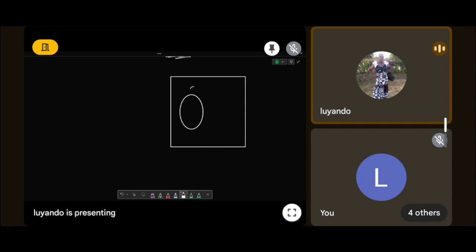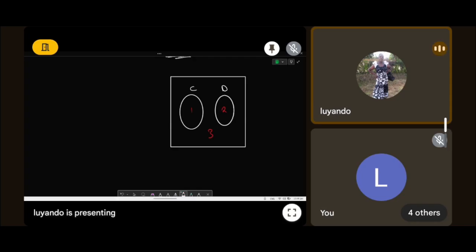This would be your C and this would be your D. They do not have an intersection. So if we put a 1 here, a 2, and a 3 on the outside, we find that there is no intersection with these elements.